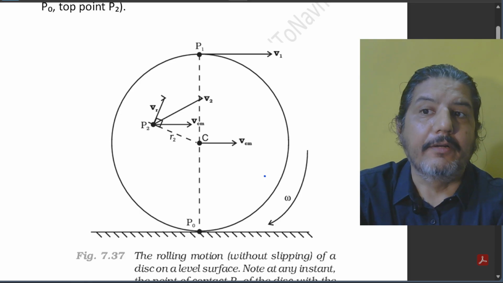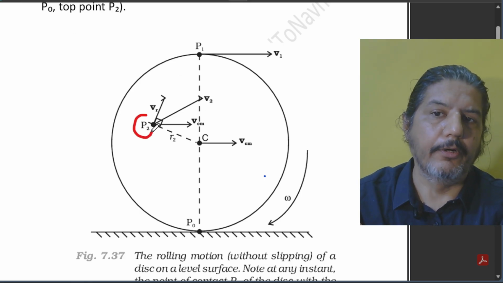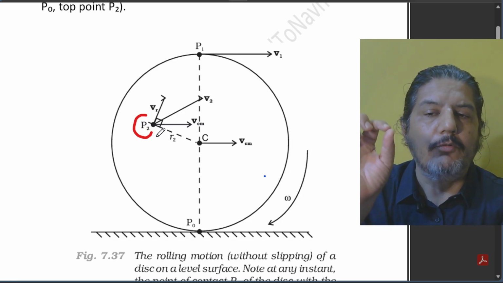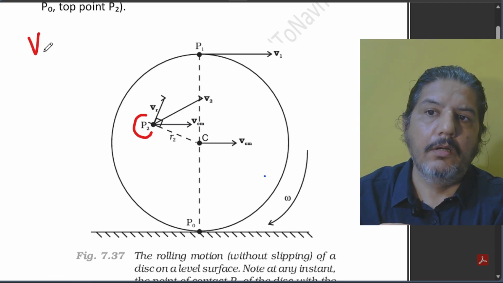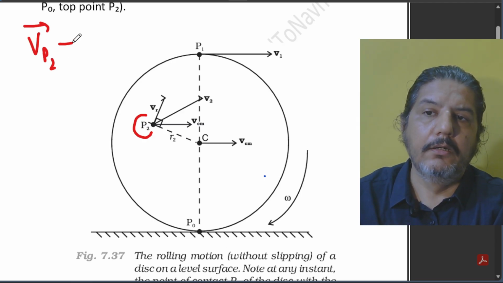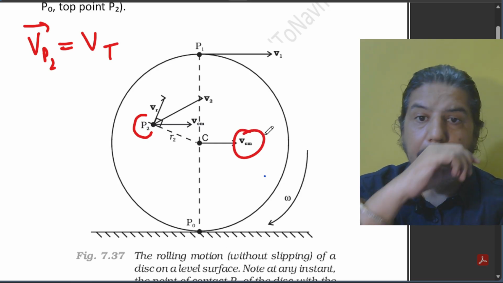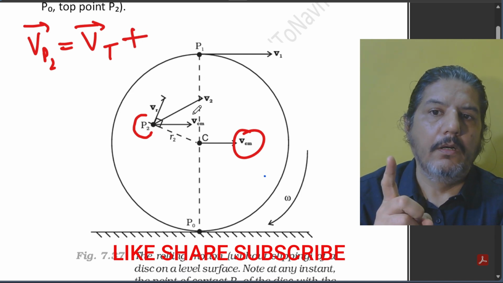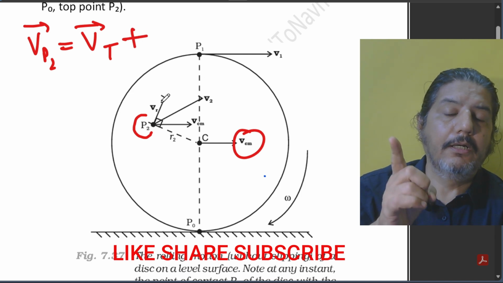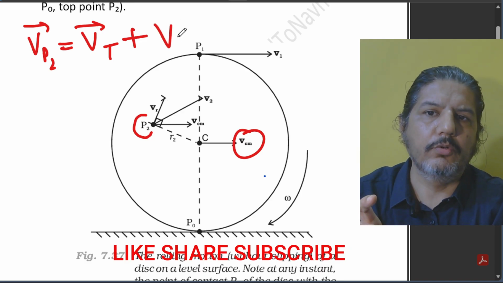So this is a figure which I'll be referring to when I'll be solving the problem. In this case also, this is a random point. The velocity of a random point is given by the sum of the translational motion, which is the velocity of the center of mass, plus the rotational velocity component, which is shown as VR.